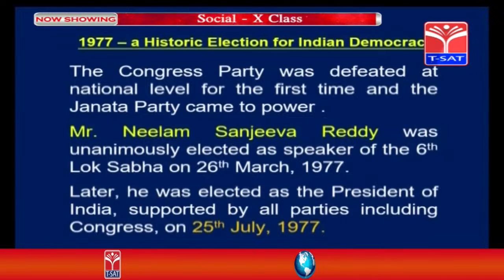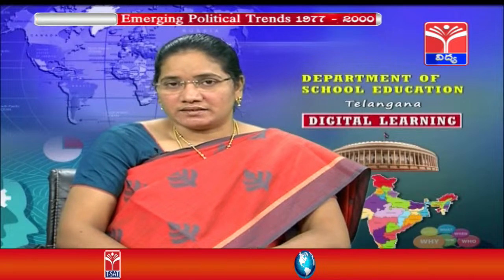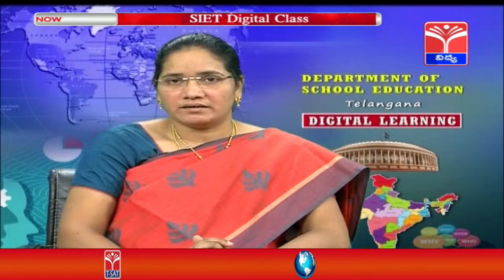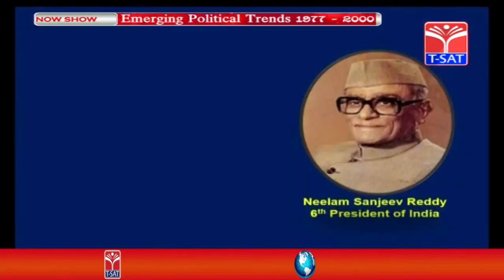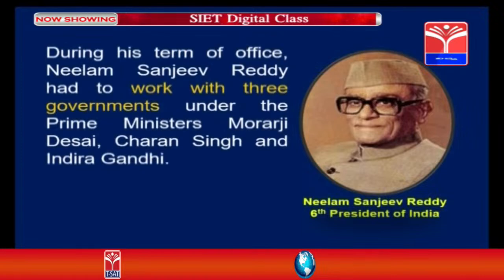So Reddy was unanimously, that means all the parties, opposition parties including Congress party, everyone agreed to elect him as the 6th President of Independent India. You can see Reddy, 6th President of India.